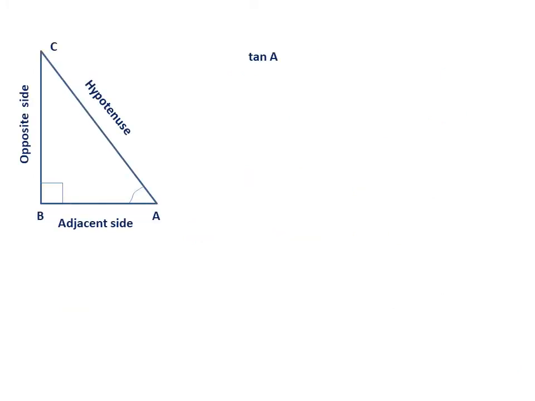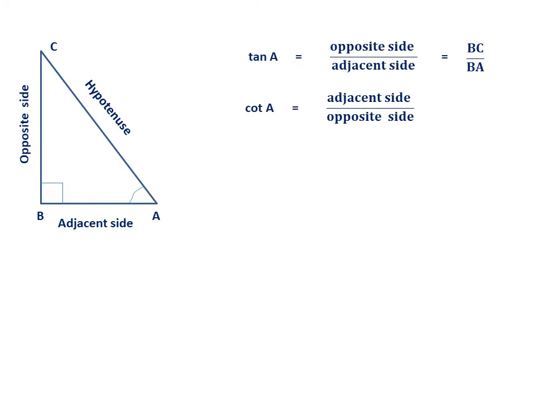Next one. Let us take tan A, that is opposite by adjacent. In the diagram it is BC by BA. Cot A is the reciprocal, that is adjacent side by opposite, that is BA by BC. Now let us take the multiplication tan A into cot A and that will be equal to BC by BA into BA by BC.